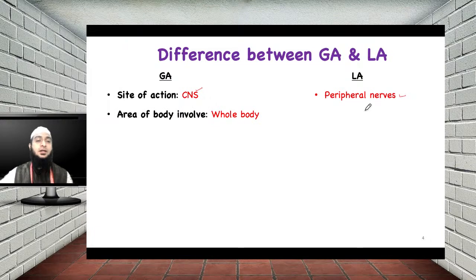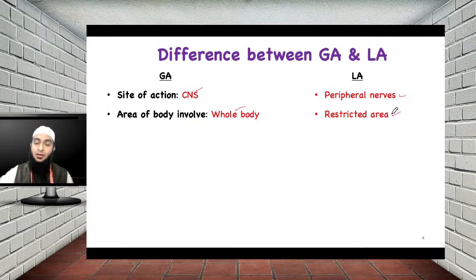Second parameter, in terms of area of body involved. In case of general anesthetics, once anesthesia is induced, the whole body is involved. So you can carry out surgery at any part of the body, because due to the general anesthetics there is complete loss of sensation. Whereas in case of local anesthetics, only a restricted area of the body is involved, not the complete body.